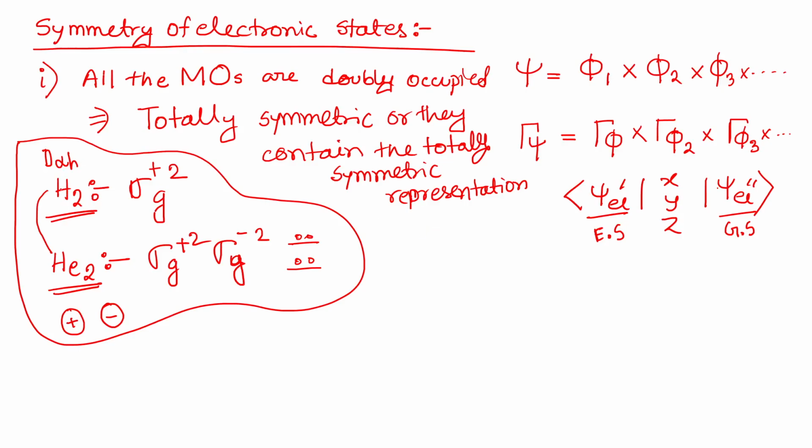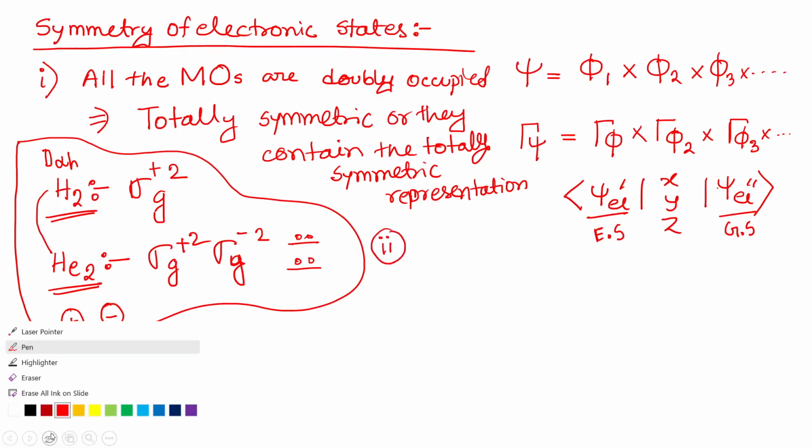So suppose this is H2, this is in its ground state, right? This is helium 2 in its ground state. So the ground state electronic state is totally symmetric, or A1, not A1G, here it is sigma G plus, right? Now suppose, now the second condition, maybe I can write it in a different color.